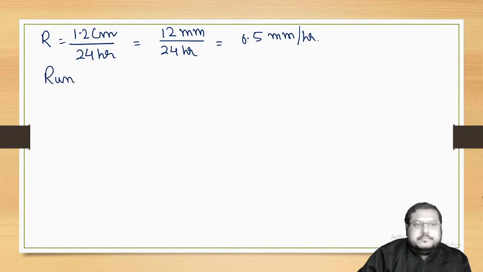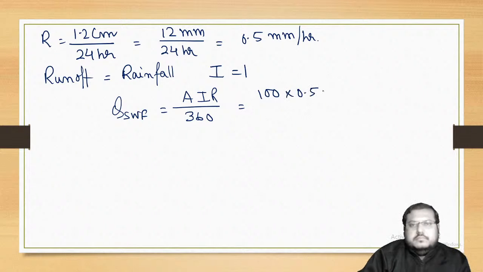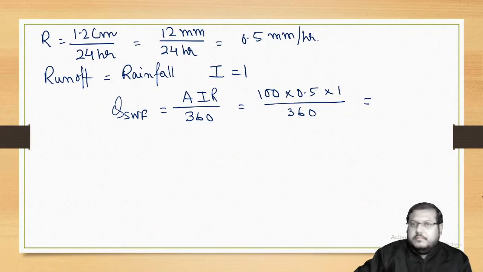And all the runoff, so QSWF, it's 0.139 meter cube per second.